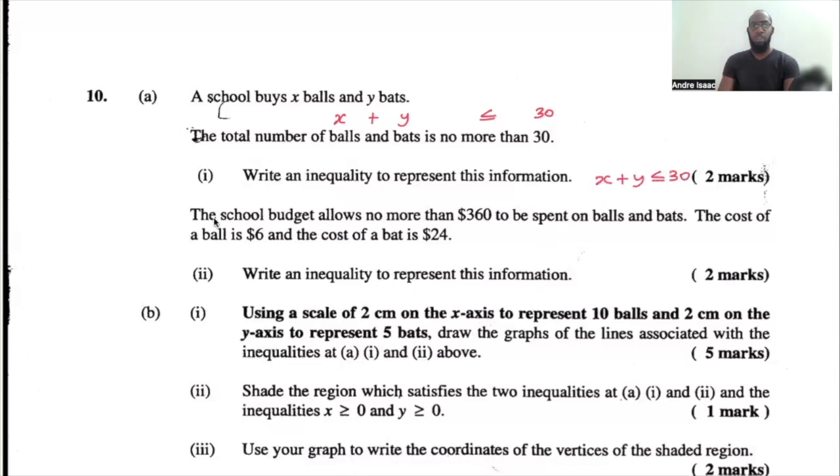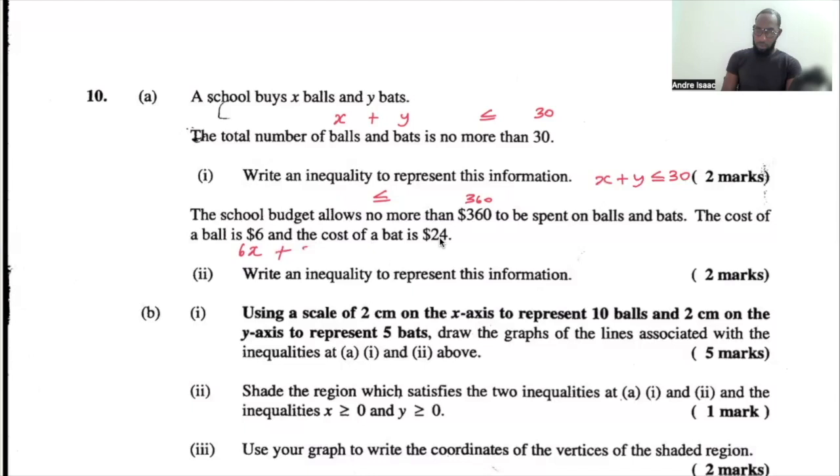They said the school budget allows no more than, you see a no more than again, less than or equal to, 360 spent. So the total amount you spend on bats and balls cannot exceed $360. The cost of a ball is $6, so 6 times X means each ball costs $6, plus the cost of a bat is $24.